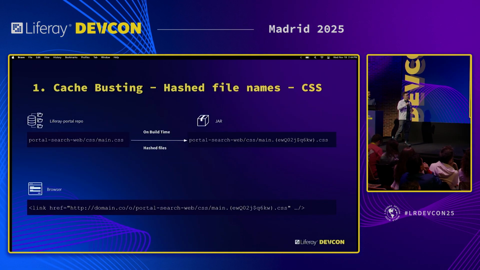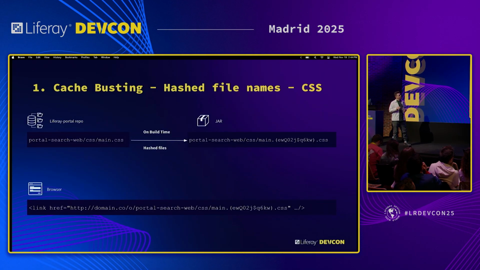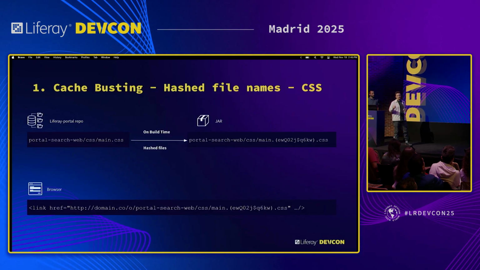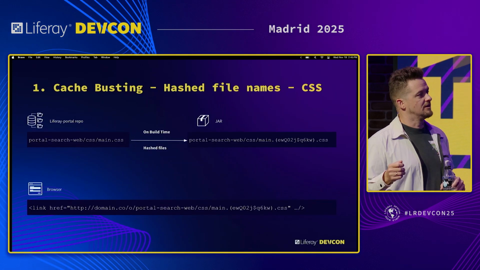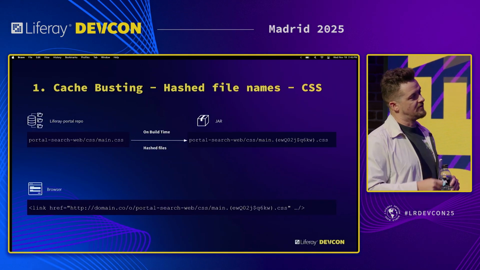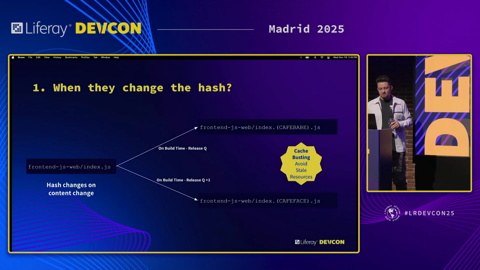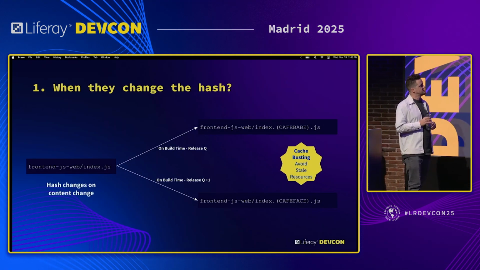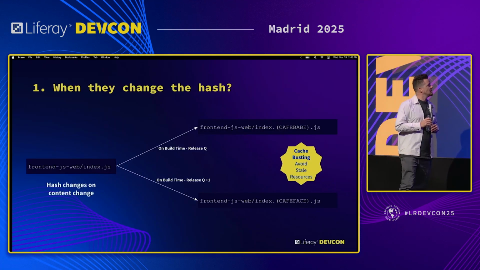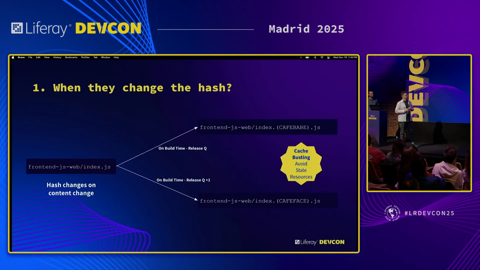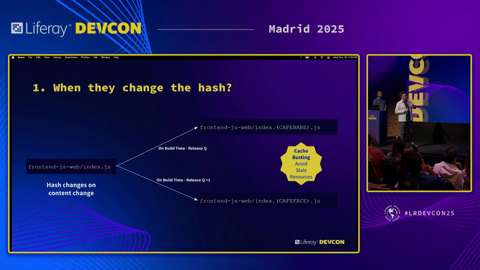And for CSS, we cannot rely on import maps. So apart from hashing the name of the file, we have also worked on hashing all the references in the link tags, or all the references that we use inside DXP to reference the CSS files. Imagine that we have this file in the release queue, and it has this cafe hash that we see there.